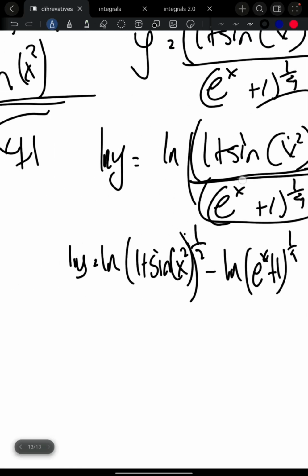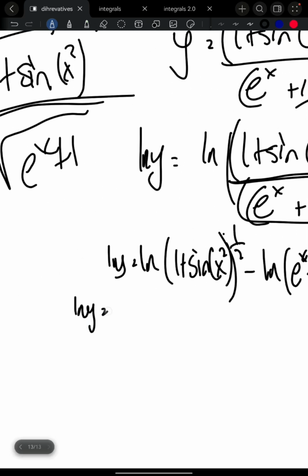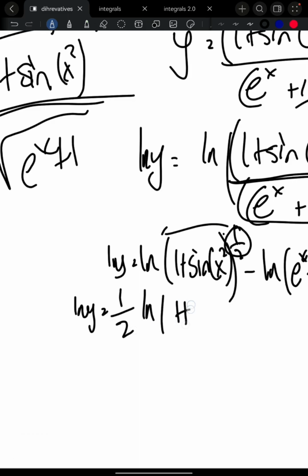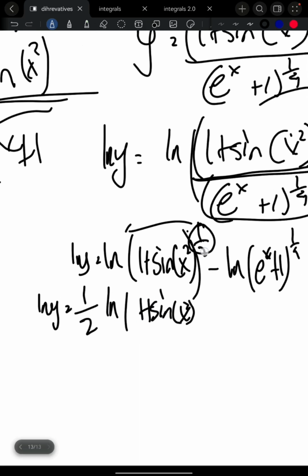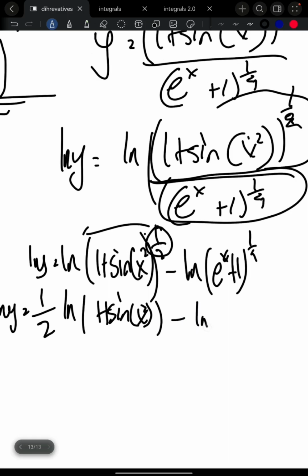And then by the properties, you can bring the power of half down, so it's going to be half ln of 1 plus sine x squared, minus ln, bring the power 1 over 4, so 1 over 4 ln of e to the x plus 1.